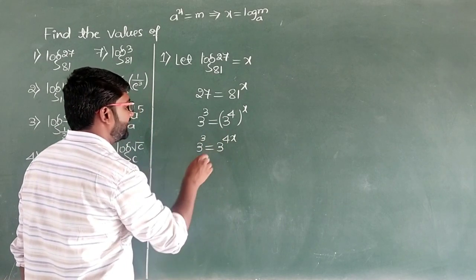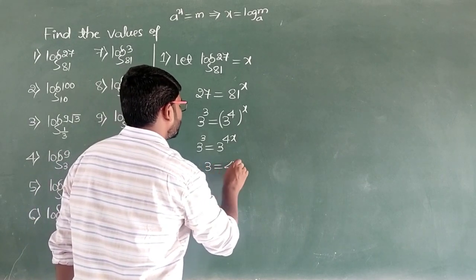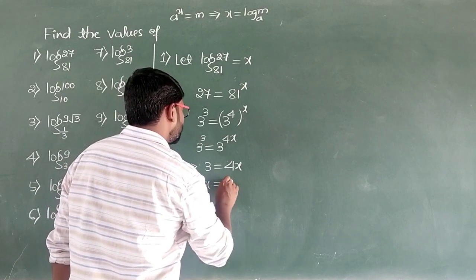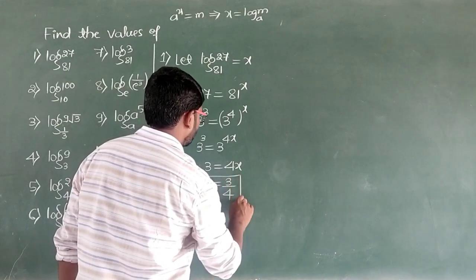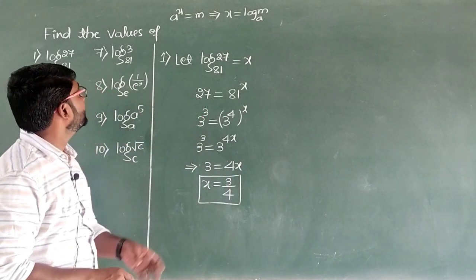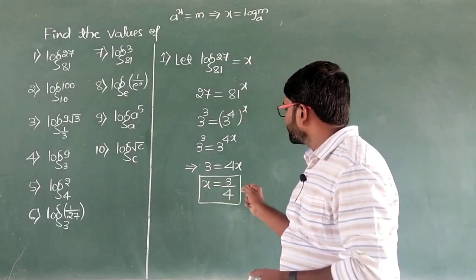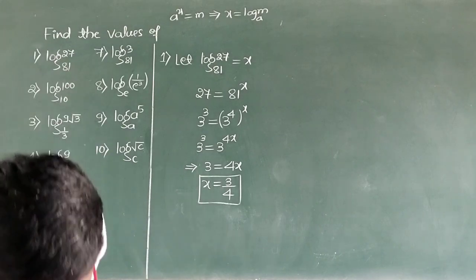Now you have the same base. This implies 3 equals 4x, or x equals 3 by 4. So log 27 to the base 81 is 3 by 4. Note down this, and then we'll move on to the second one.